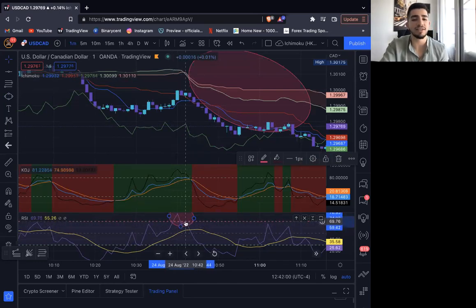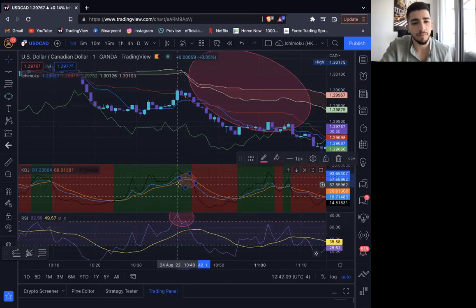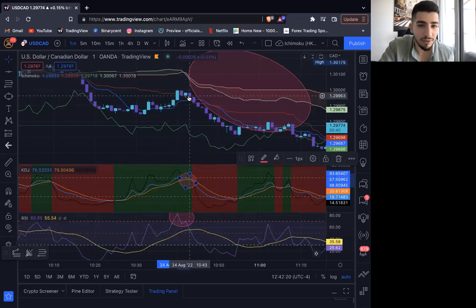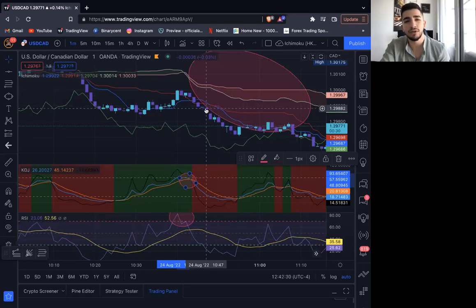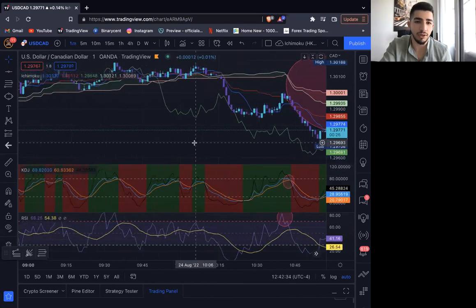I know that my RSI is telling me, okay, we are in a selling range. I look at my KDJ. Does my KDJ agree with me? Yes. So that would be a 5-minute sell trade. So 1, 2, 3, 4, and 5. Would that have been a profitable trade?